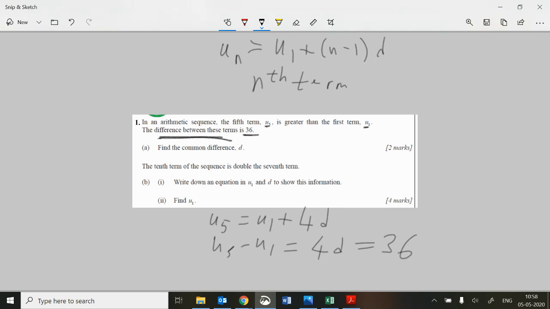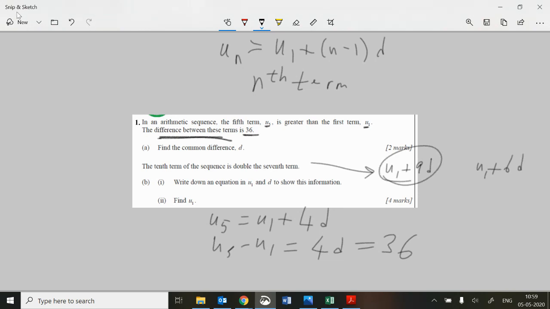Okay, now for the second part of the question, the 10th term of the sequence is double the 7th term. So you need to set up a formula for this. The 10th term is U1 plus 9 lots of d, that's just using this with n equal to 10. And the 7th term is U1 plus 6 lots of d.